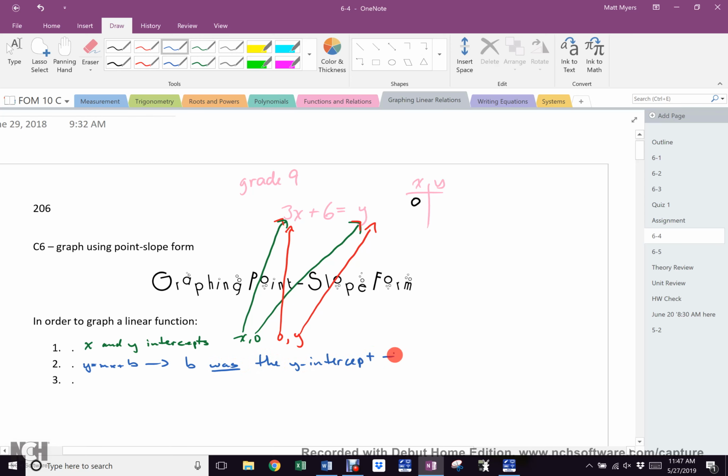And then from there, we could count rise and run to get slope. But we remember that we still have x's and y's, just like we had in grade 9, right? Nothing new. Except I don't need a table of values anymore because I have a starting point and I can just count for the slope, rise, run, right?